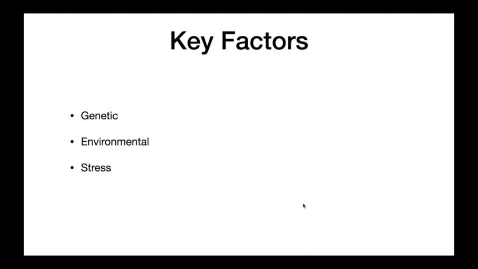I always like to talk about key factors. Everybody talks about genetic factors. Well, I have a family history of diabetes or a family history of hypertension or stroke. And there's an interesting branch of medicine right now called nutrigenomics. And this is the study of nutrition and other influences affecting genetic expression.